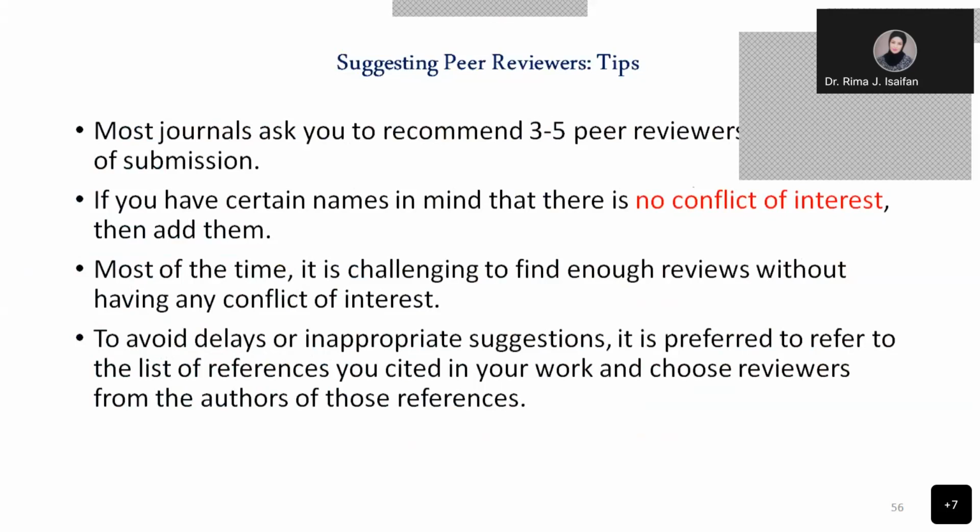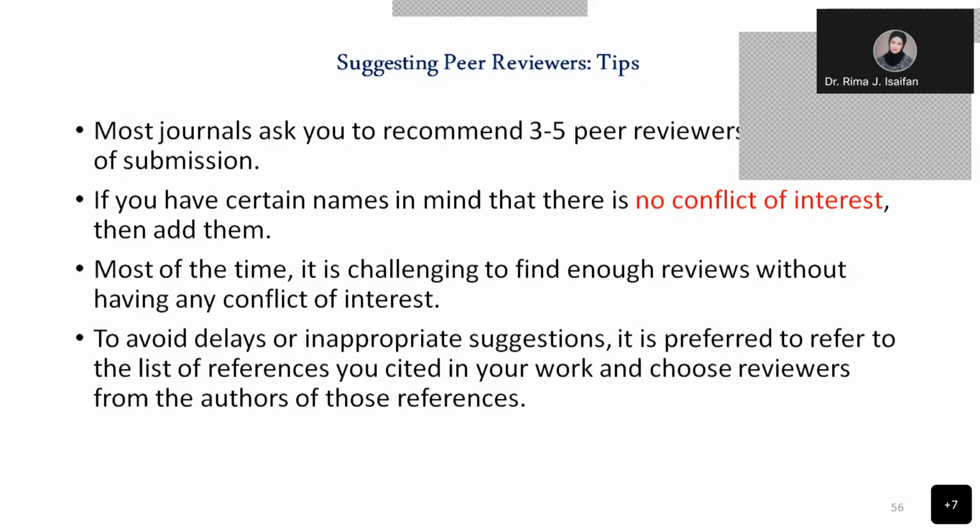What is a conflict of interest? It has many definitions, but in scholarly publishing, it can mean, for example, an expert that you didn't collaborate with in the past 5 years, an expert you didn't co-author any article with for the past 5 years.